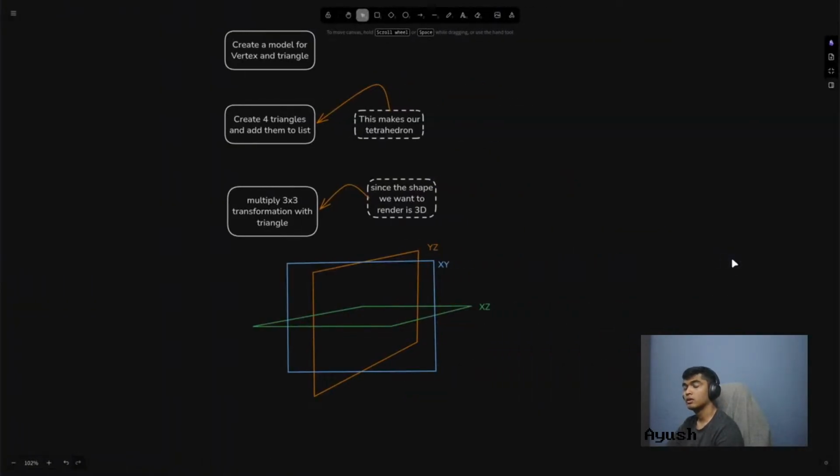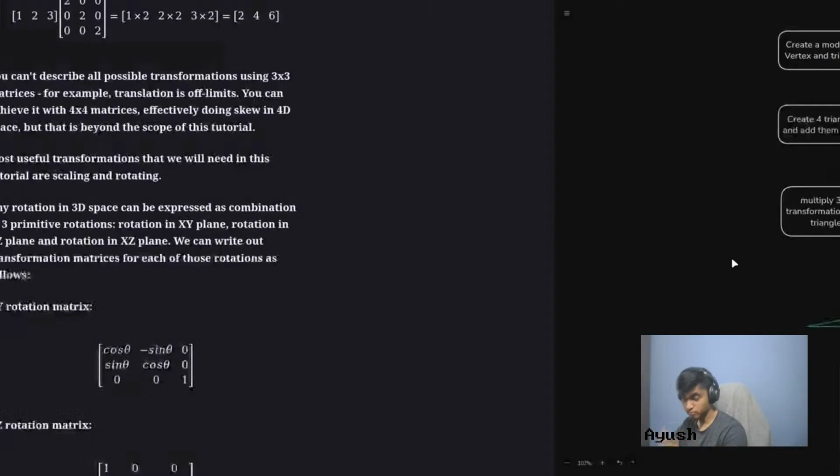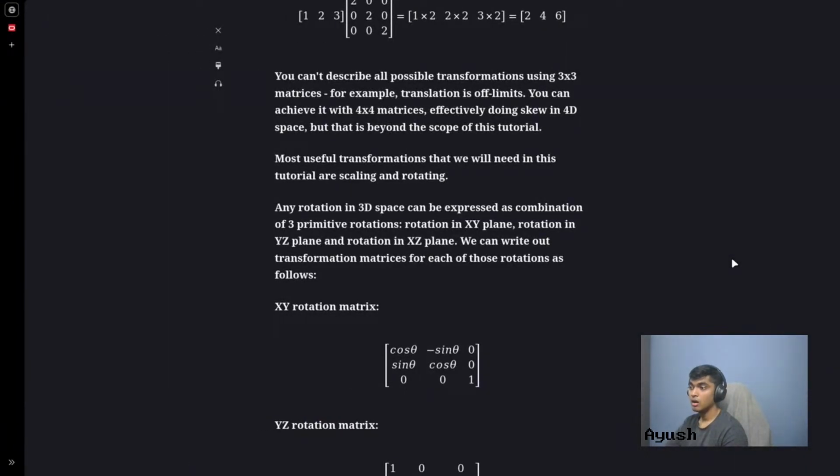So we can also rotate an object in this dimensional space. Okay, and then they have these rotation matrices.